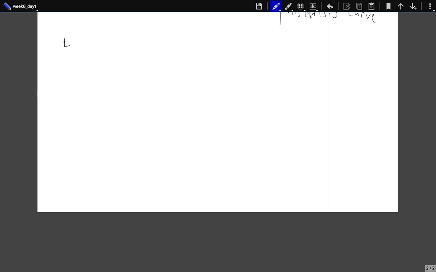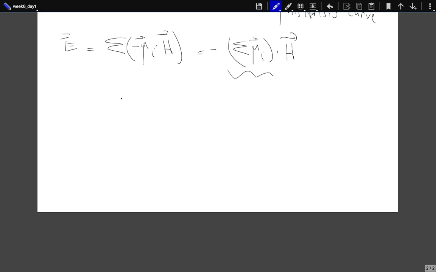The energy of the system will be the sum over all the electrons, or all the spins, of minus mu_i dot B. The magnetization of the material is basically defined as the sum over the mu_i, let's say the average.